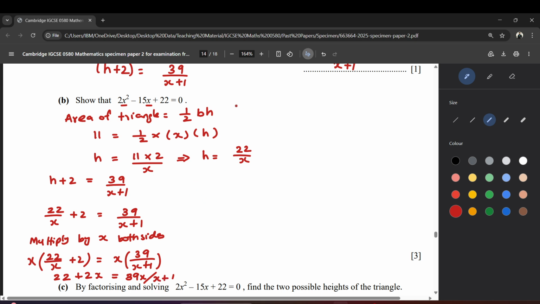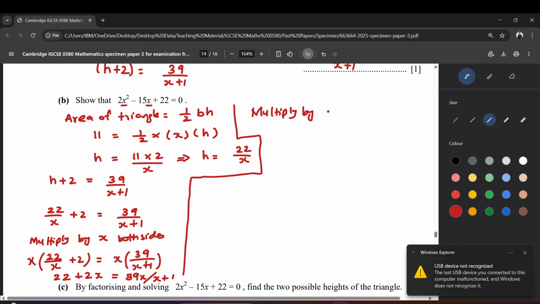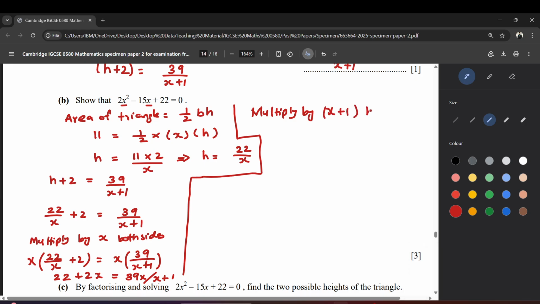The next step is multiplying everything by x plus 1, both sides. So 22 plus 2x will be multiplied by x plus 1, and 39x times x plus 1.